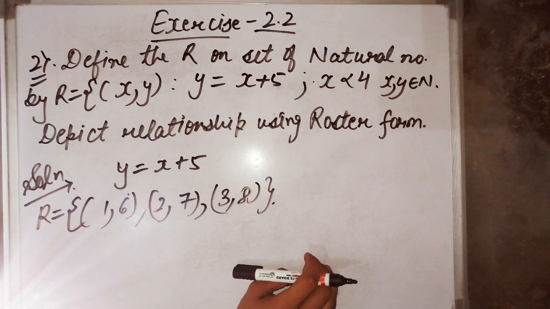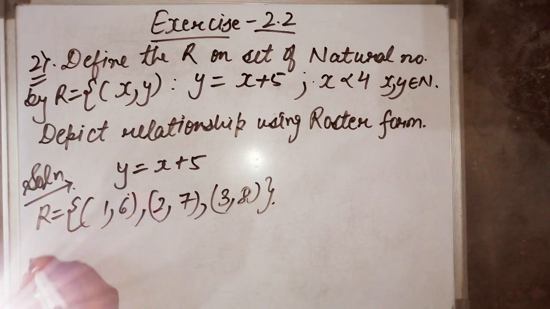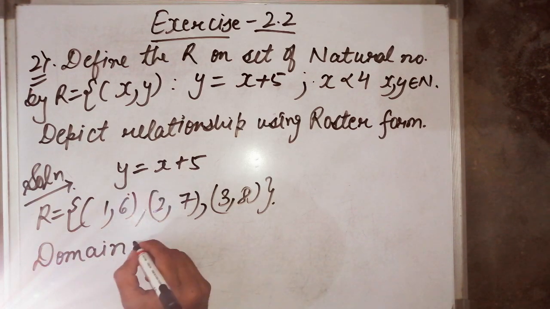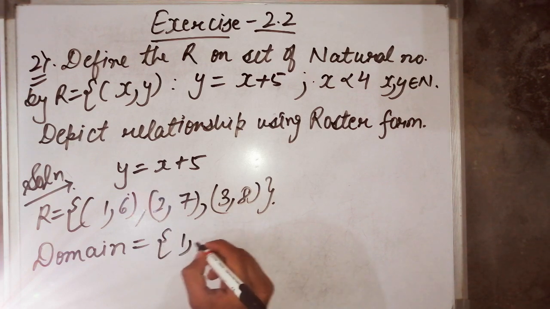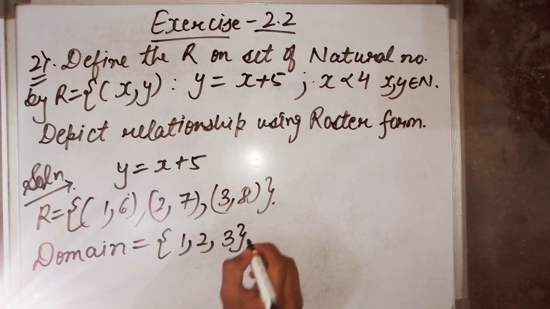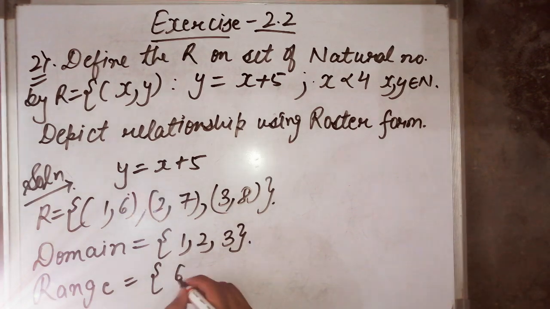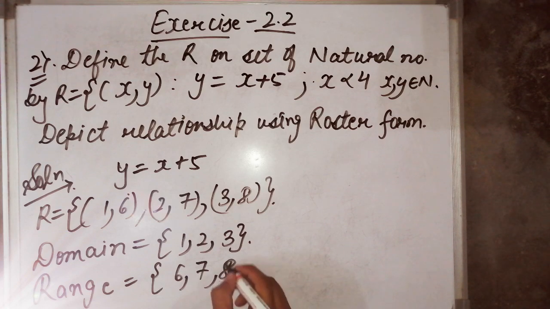Let's write down domain and range. The domain is 1, 2 and 3. Range is 6, 7, 8.